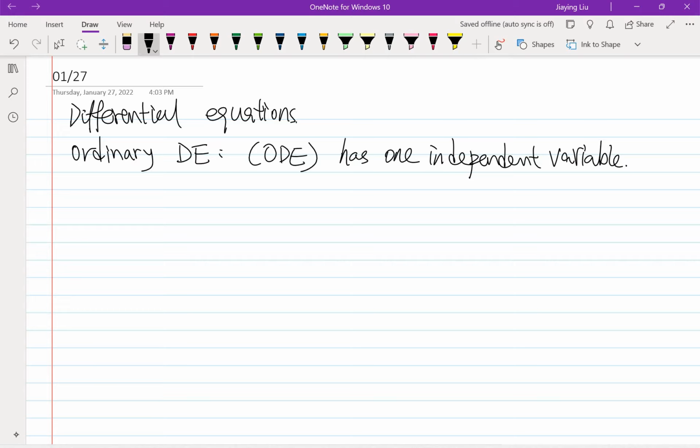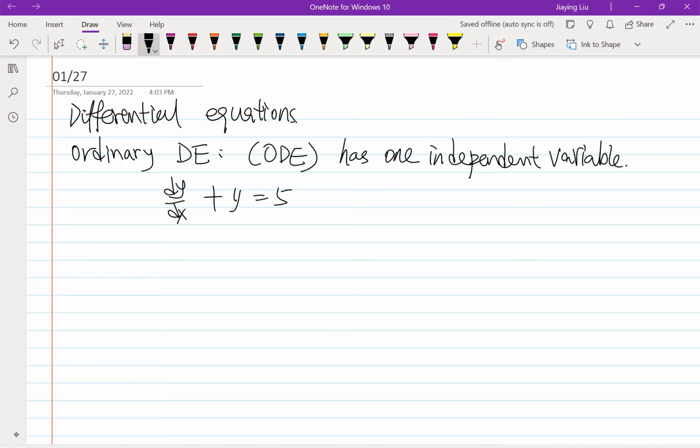For example, if I write dy/dx + y = 5 as the example, in this differential equation, the y is depending on x based on dy/dx.